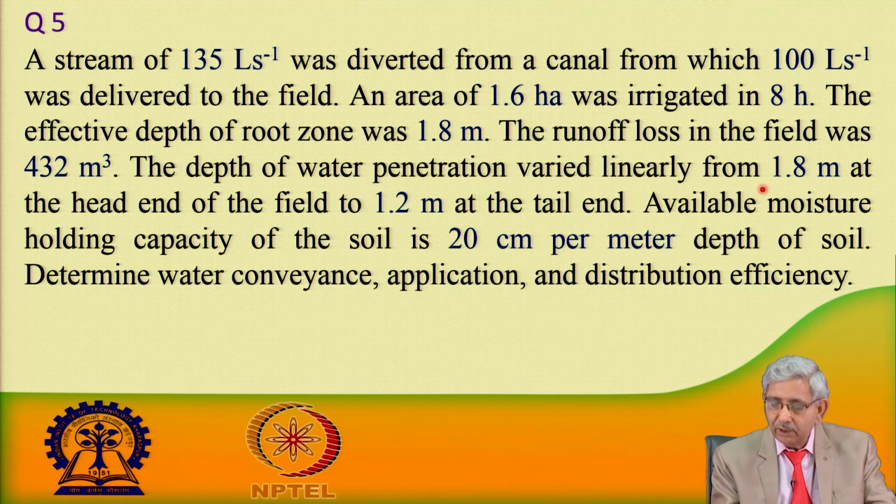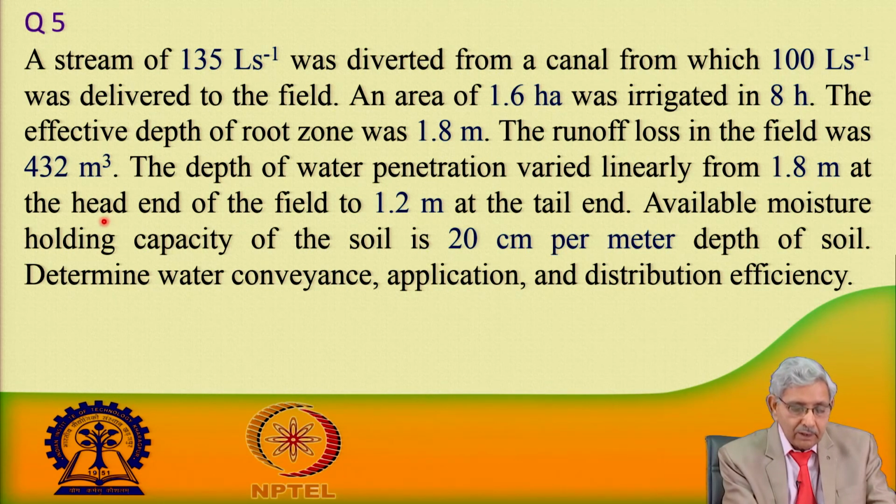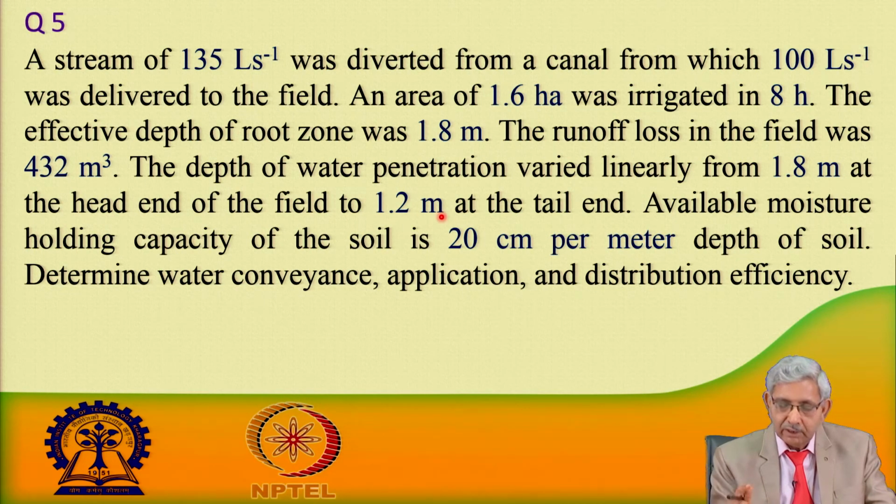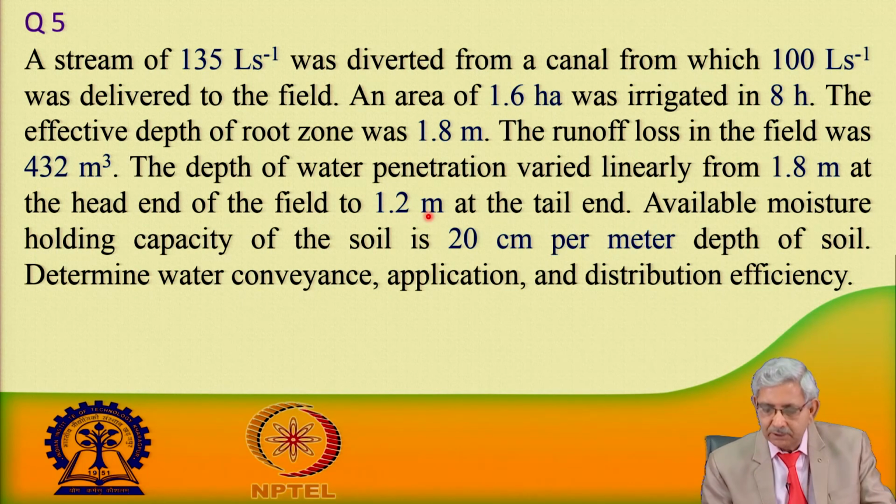It is found to be 1.8 meter at the upstream end, that is the head end, and 1.2 meter at the tail end. This is normal in the field when irrigation is given. At the upstream end there is more loss of water through infiltration, and when it comes to the downstream end, there is less opportunity time for infiltration to take place. So, at the downstream end it is only 1.2 meter.